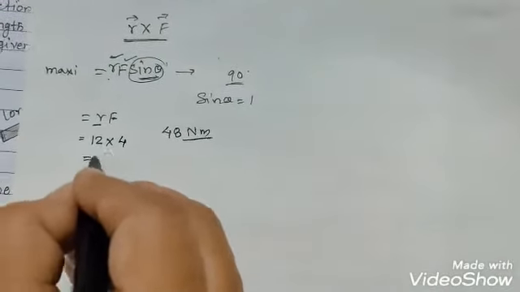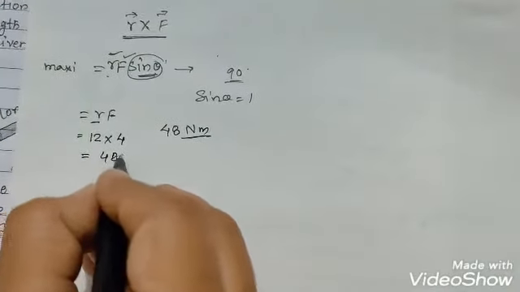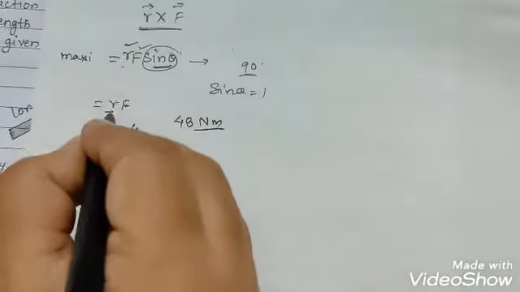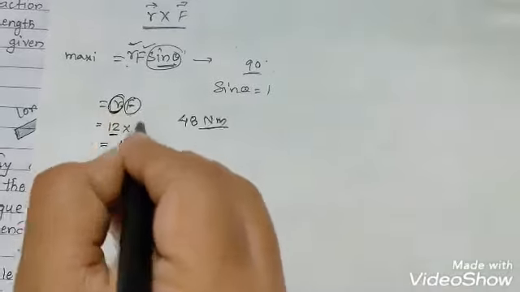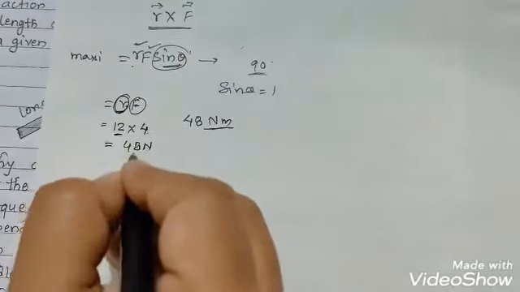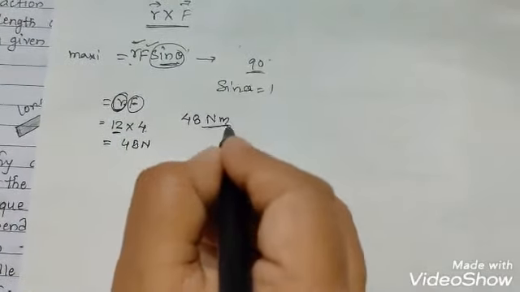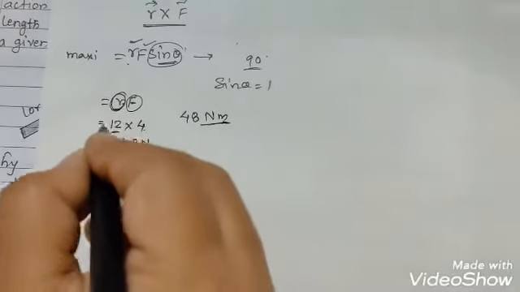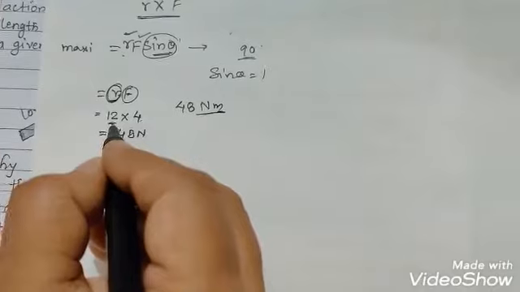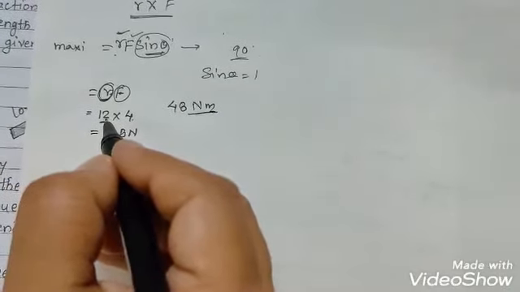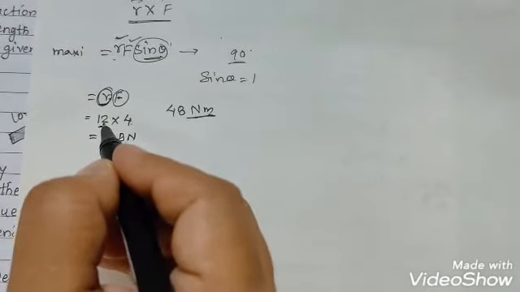So the total effect will be 48 Newton meter. That means if I take R as 12 meter and F as 4 Newton, it will be 48 Newton meter. Meter is a very large quantity here, but just to explain, I have taken 12 meter. Otherwise, for a wrench, it will be in centimeter only.